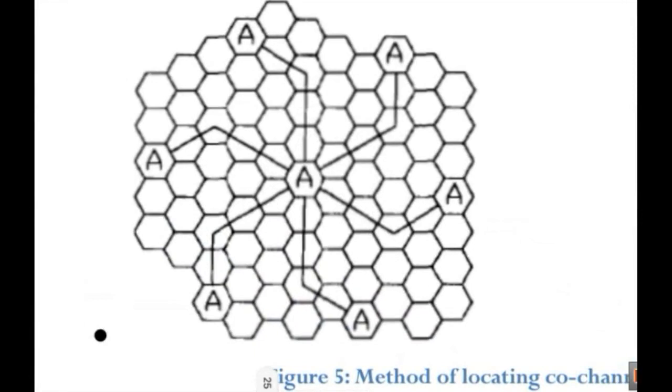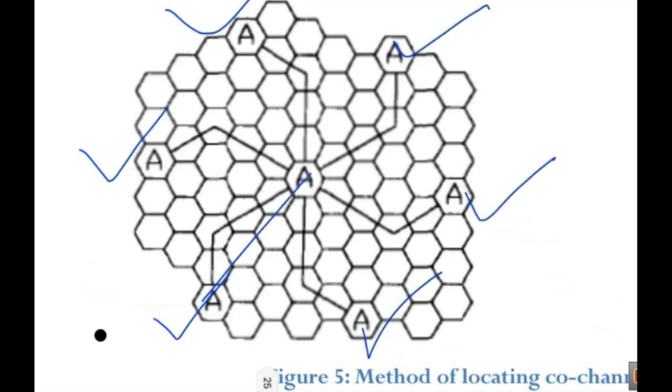So these cells, the ones that we are terming as A, are the ones that we refer to as the first tier cochannel interfering cells, because they are the ones that are the first neighbors of, say, cell A. These are the first direct neighbors.